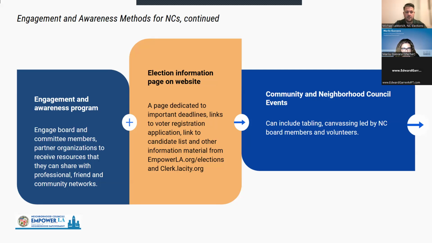That's key. Community and neighborhood council events. If you do any tabling, any canvassing during your neighborhood council election cycle, you should be promoting the deadlines that Michael just shared, whether it be candidate filing, whether it be the voter application, whether it just be returning a ballot, getting out the vote.